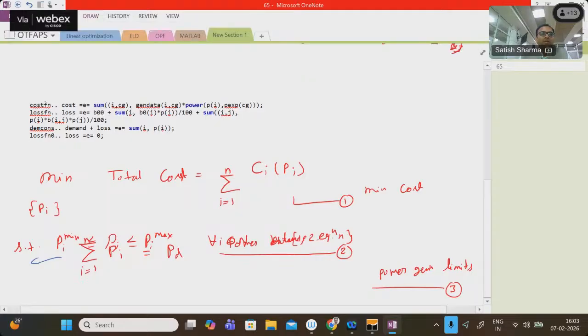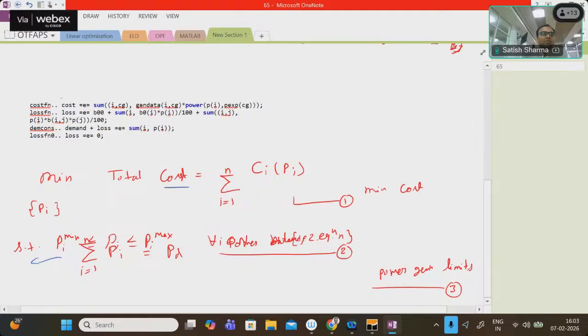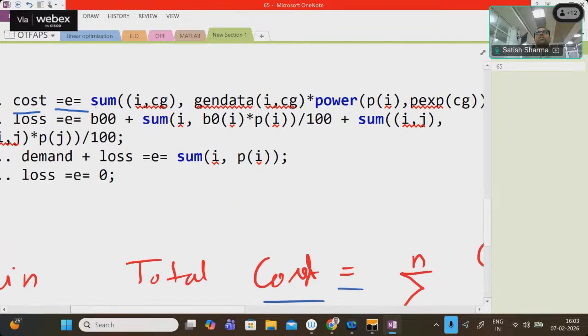This is a user-defined name, cost function, costfn. Then the double dot is the syntax: if we are writing a double dot in front of an equation, it means we are defining this equation. So I have mentioned cost, so it is cost equals to. This is how we write down equals to in GAMS. You can see it now, right? So it is equals to.